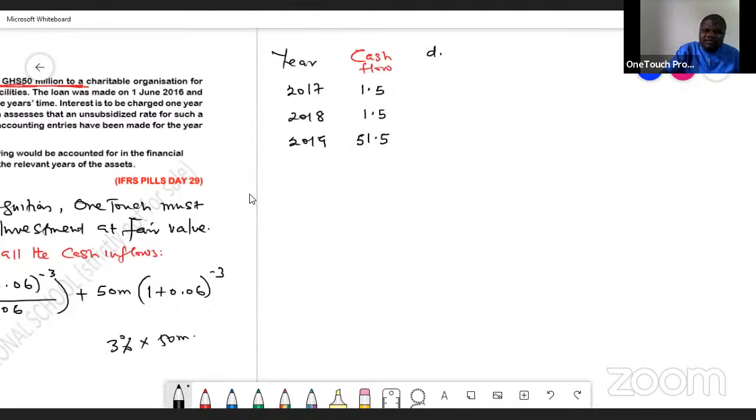So we now discount using the unsubsidized rate of interest of 6%.